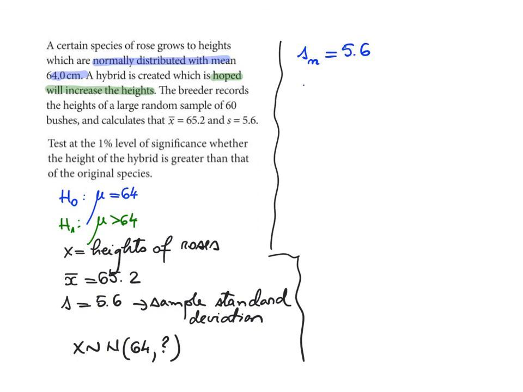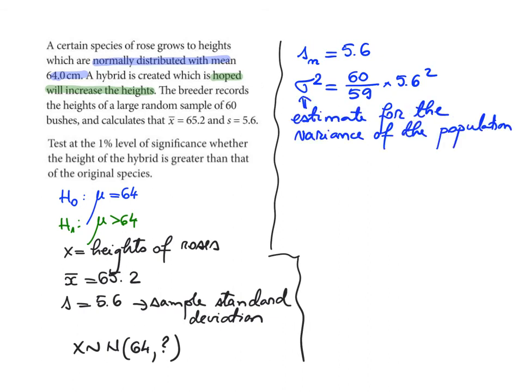And an estimate for the variance of the population, that's the formula we learned, is n over n minus 1 times the variance of the sample. So that's an estimate for the variance of the population. For now, we will conduct the hypothesis testing exactly as before using this new number.